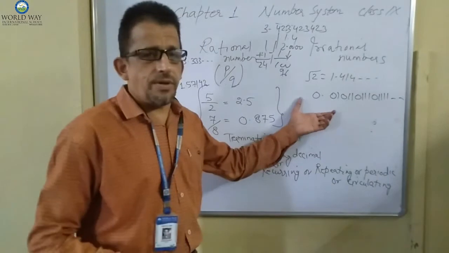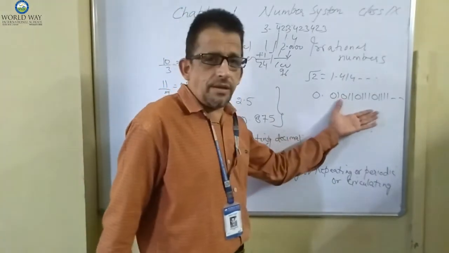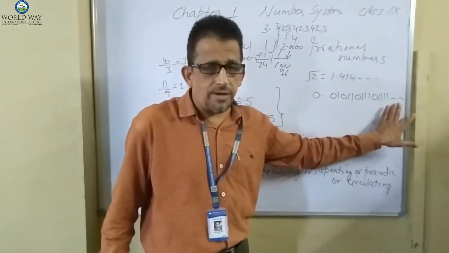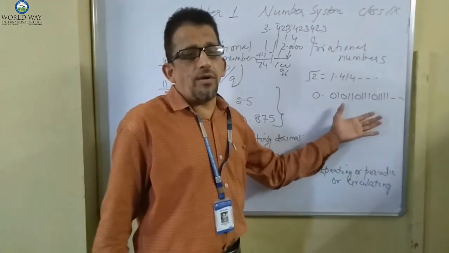Look at this example. After the decimal, the digits are non-repeating and non-terminating, because the decimal expansion will not end, and the remainder 0 never comes. So it is non-terminating and non-repeating.